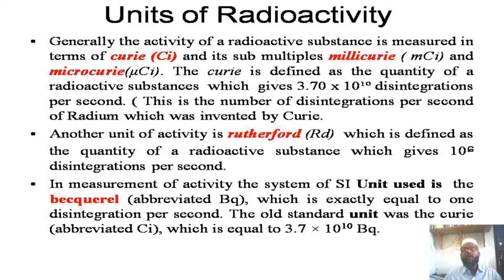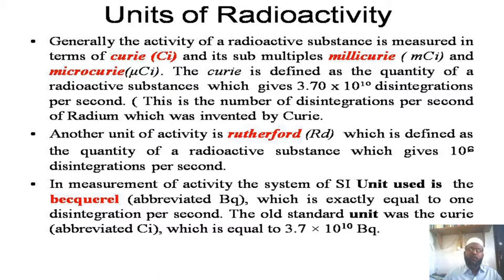One Curie is defined as the quantity of a radioactive substance which gives 3.7 × 10^10 disintegrations per second. That is actually the disintegration rate of radium, and from that the unit is defined. That is, 1 Curie is equivalent to 3.7 × 10^10 disintegrations per second.